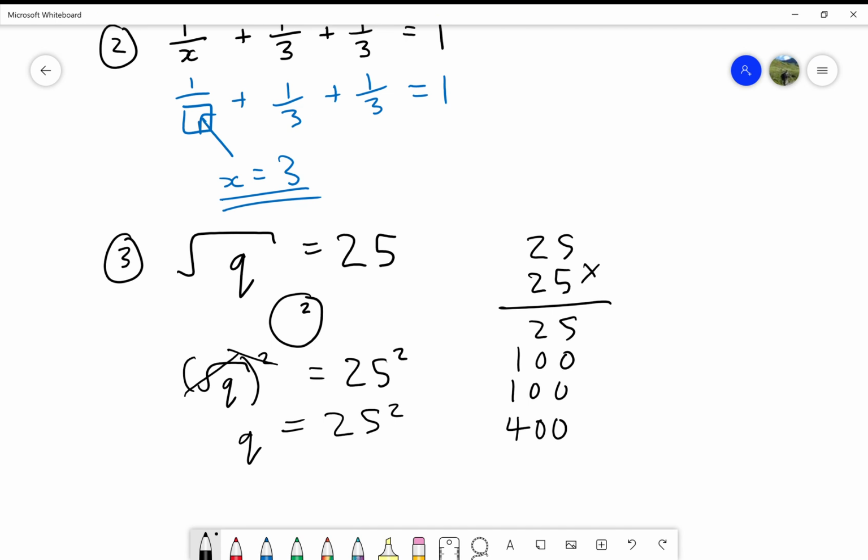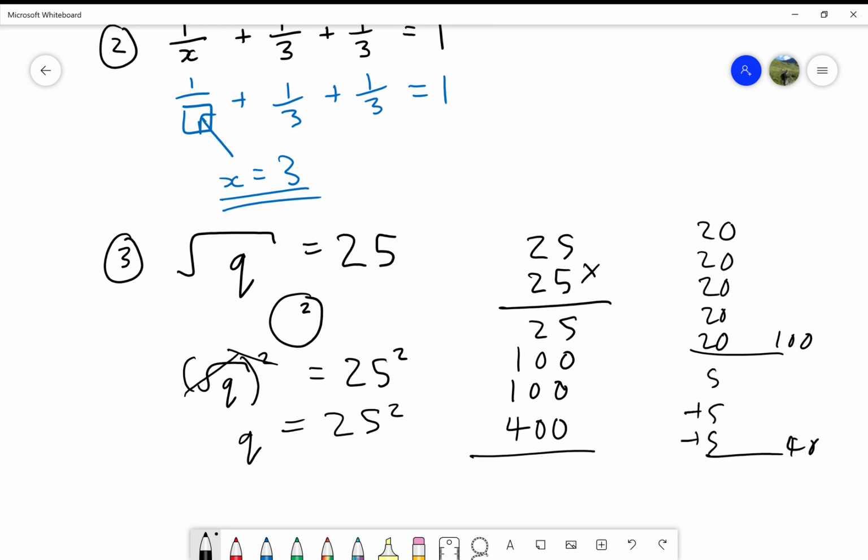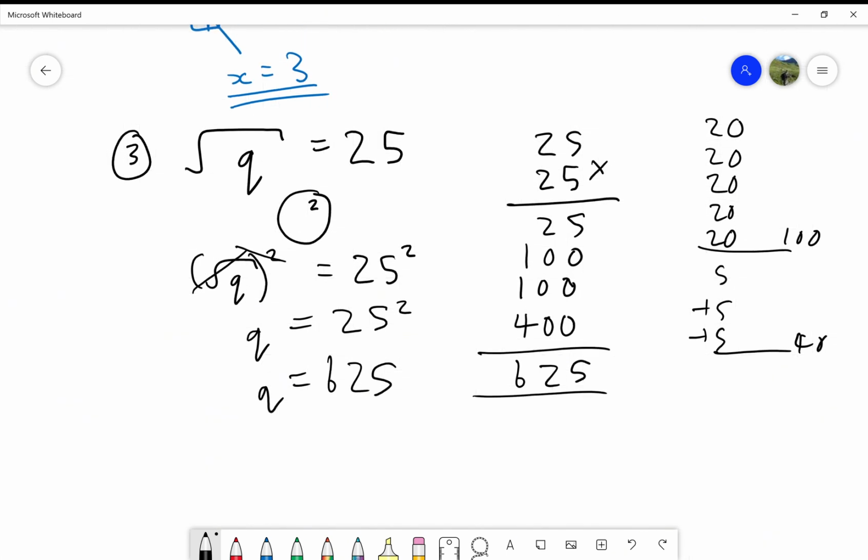I'm terrible at doing maths like this, I normally use a calculator, so the way I'm going to double check that is, I'm going to go 20, 20, 20, 20, 20, so that makes 100. Then if I have another 5, plus another 5, plus another 5, that makes 400. Yes, that's correct. Which makes 625. So Q equals 625. Let me just shift that up slightly. So that's the answer to that one.